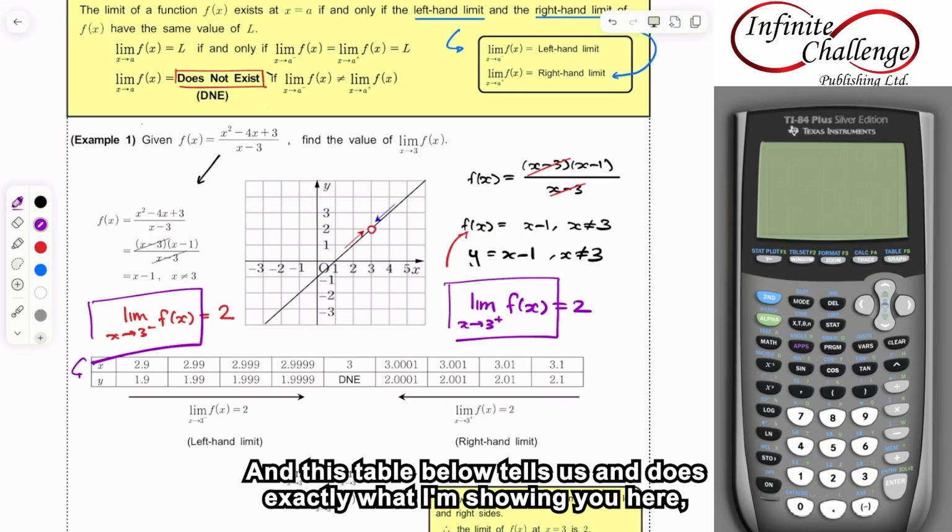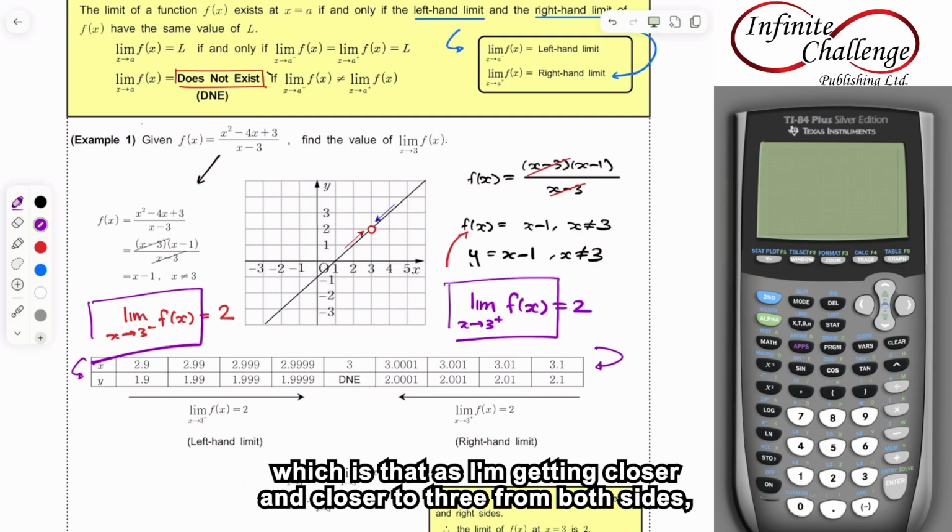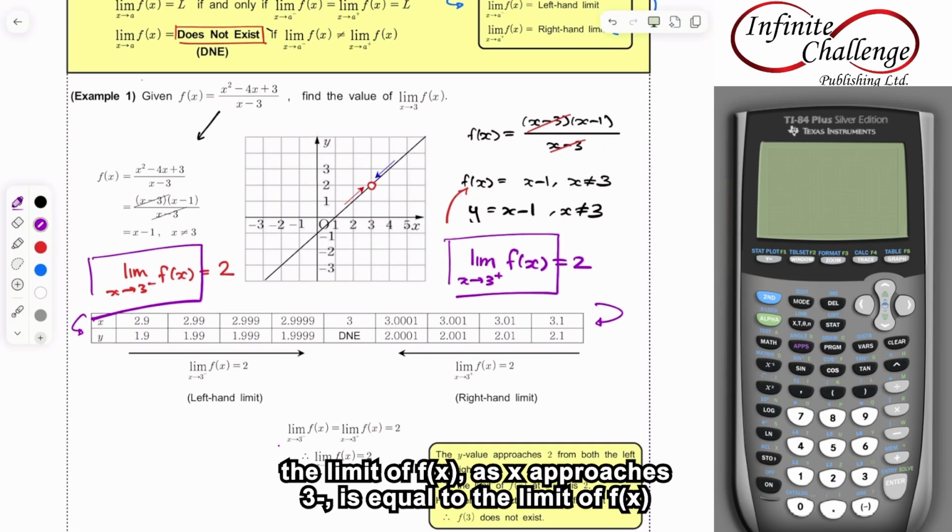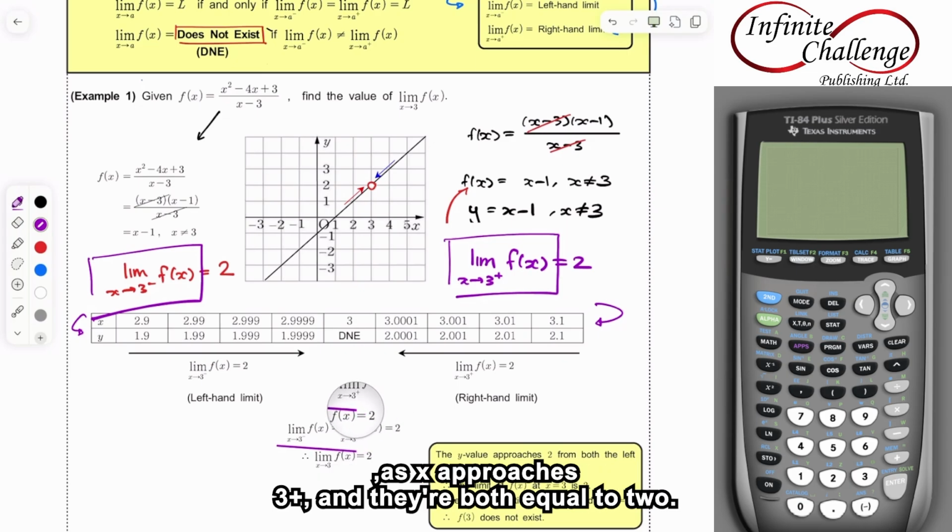And this table below tells us and does exactly what I'm showing you here, which is that as I'm getting closer and closer to 3 from both sides, the limit of f of x as x approaches 3 minus is equal to the limit of f of x as x approaches 3 plus, and they're both equal to 2.